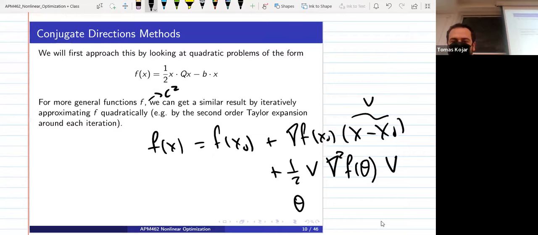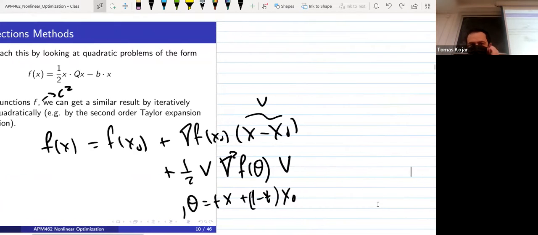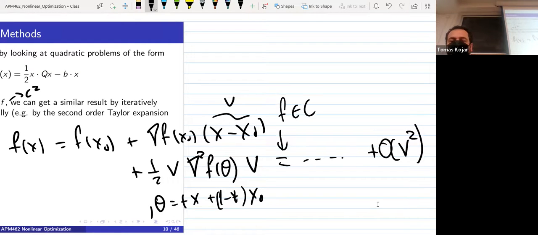At least for some theta, linear multiple of x and 1 minus x0. So this is our mean value theorem. But we also had the Taylor expansion, so you can also write this same stuff, but then put an error in V squared, if you allow me to have C3.